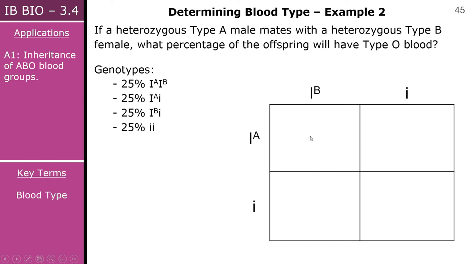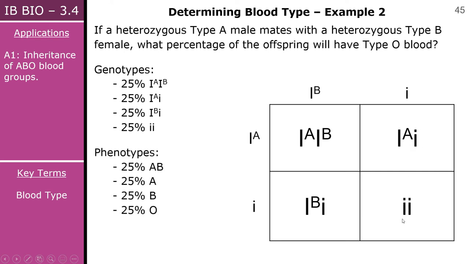So when I complete this cross, I'll have one individual who's type AB, one individual who is heterozygous type B, one individual who is heterozygous type A, and one individual who is type O.